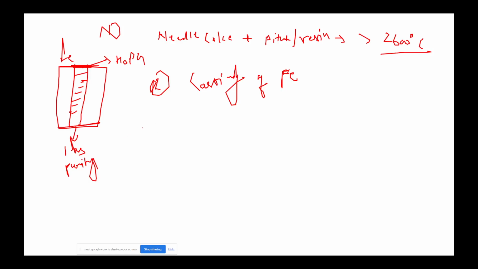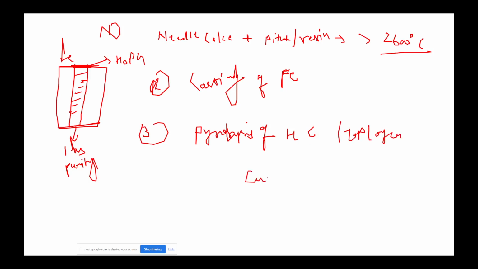Then the third one is pyrolysis of your hydrocarbon top layer, and at the bottom you will have a copper or nickel layer. This is your A, and this is your B.